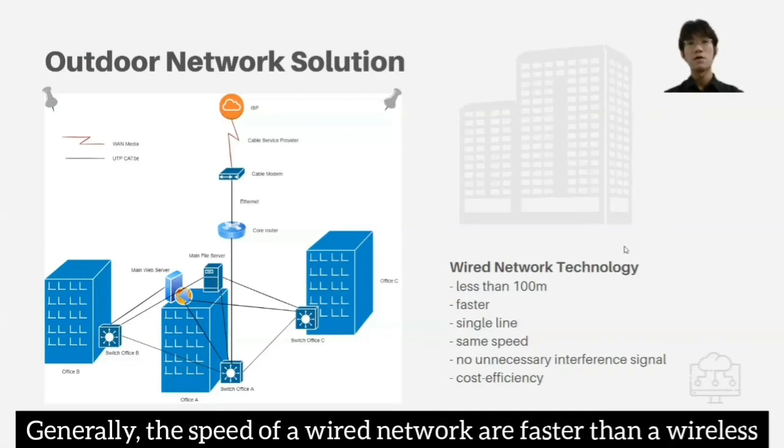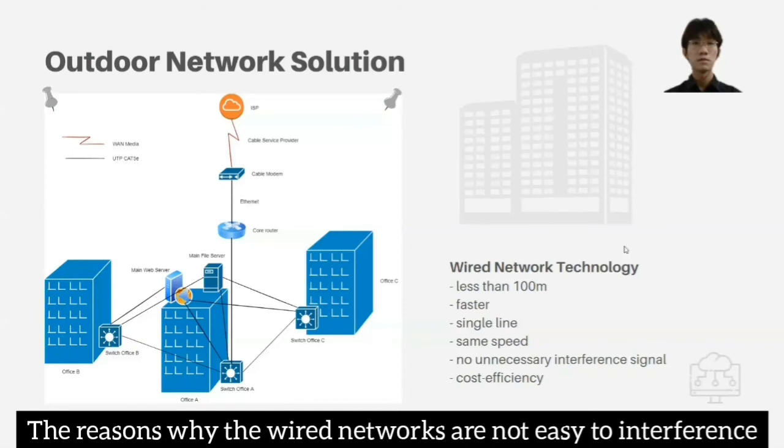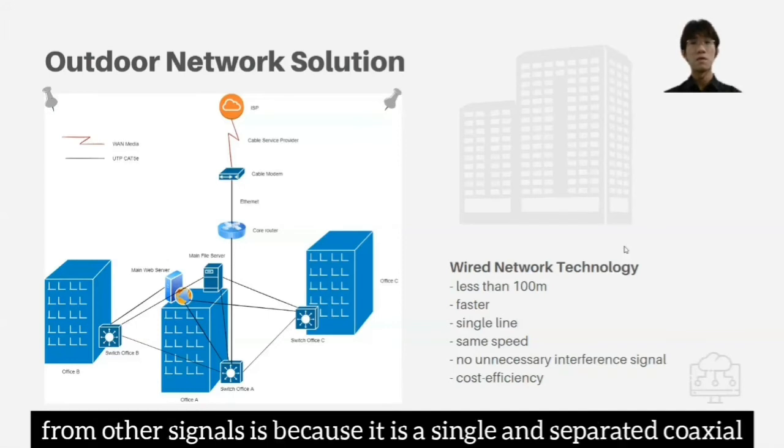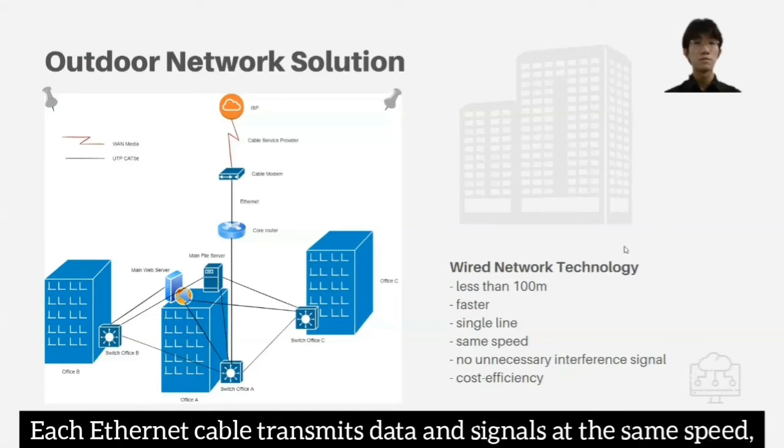Generally, the speed of a wired network is faster than a wireless network because it is not easily affected by other signals or connections. Wired networks are not easily interfered with by other signals because there is a single and separate cable connector to each network device.